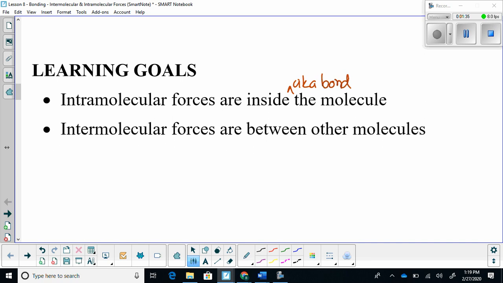This is an intramolecular force. Then we're going to take a look at intermolecular force. These are the forces between a molecule and another molecule, okay? So it's between other molecules. And remember yesterday, whenever I refer to the word molecule, I am talking about a molecular compound.